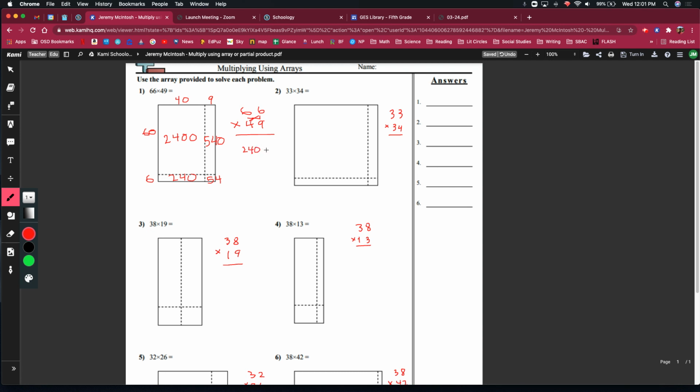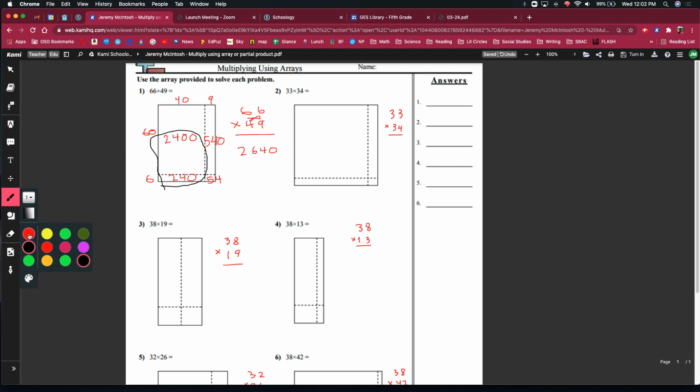Is there anything I can do in my head before I start writing? Let's see. Well, I can do 2400 plus 240. That would be 2640. So I just combine these two, 2400 and 240, and I put them right here, 2640.